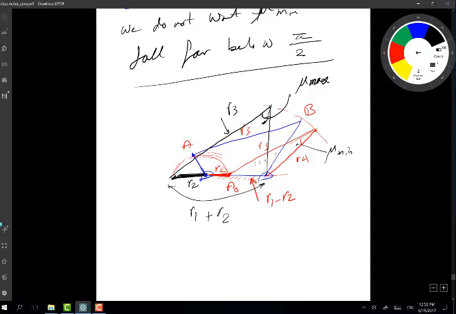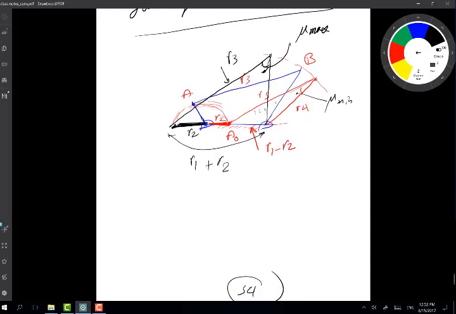Mu minimum faces the smallest side, and mu maximum faces the large side. So this is where you get maximum and minimum mu, and you really want mu minimum not to fall far below pi over 2. That's an index of merit, something you try to achieve when you design a four-bar chain.